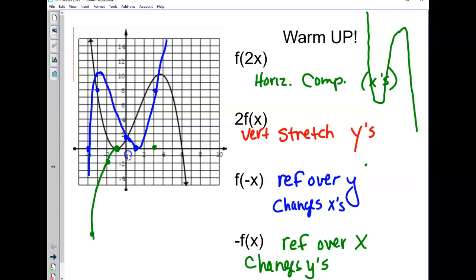The y-intercept would reflect down here somewhere. Like this value that was 2.8 would be down at -2.8 and so on.